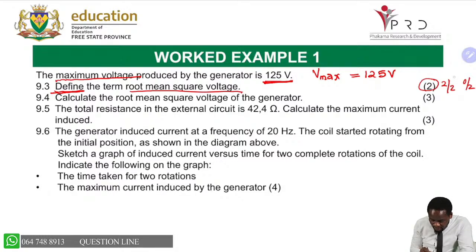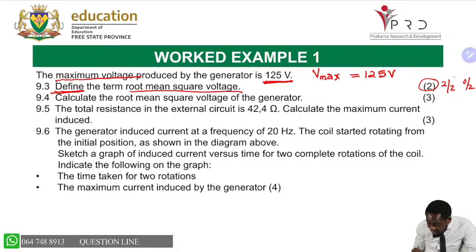And then calculate, that's the keyword, the root mean square voltage of the generator. VRMS equals question mark. So we know that V max is equal to 125 volts.